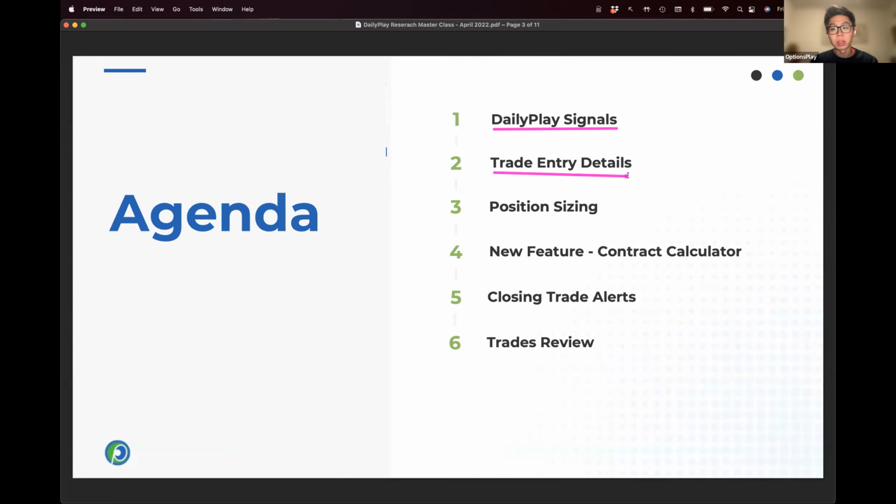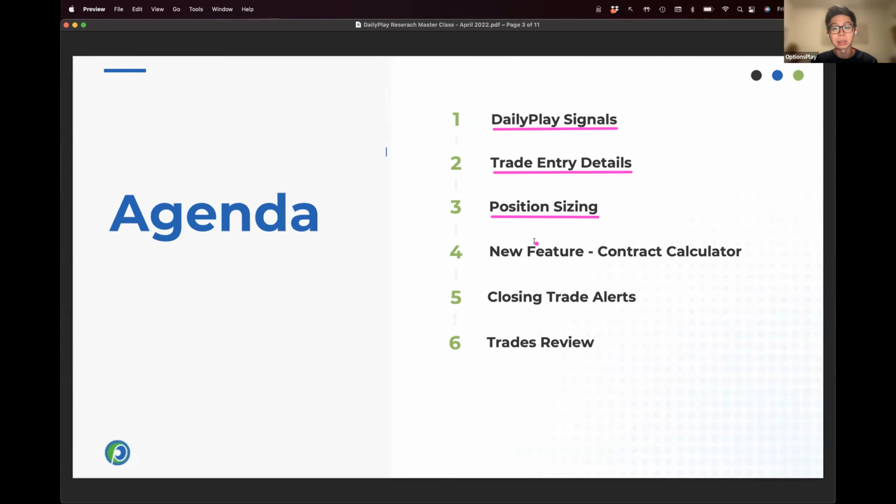We'll discuss the exact entry details that we email you every single morning, so that you're familiar with how to read them, how to use them, and adjust them if necessary for your portfolio, specifically around position sizing. I cannot stress enough how important sizing each trade according to your portfolio size is.